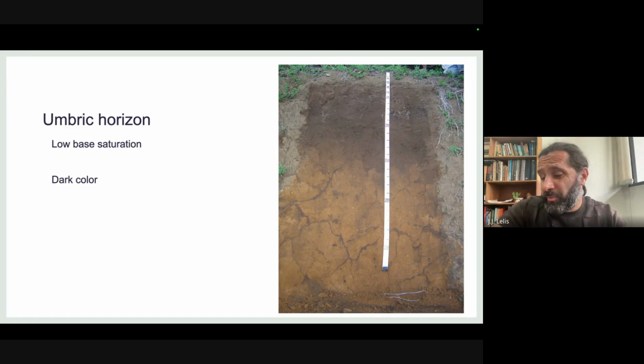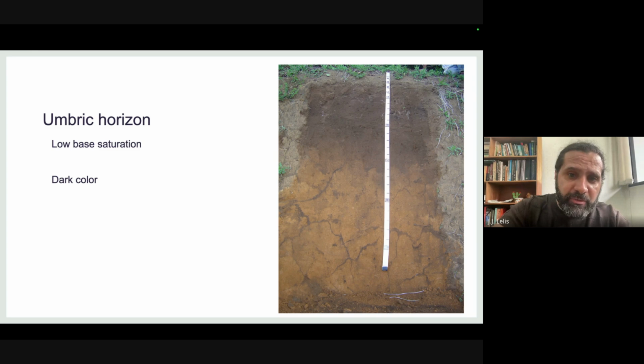So we know that we have a lot of processes that could form a horizon that has dark colors and high contents of organic carbon. As I said, we have some horizons, as for example the chernic and the mollic, that have specific interaction between calcium and organic matter.